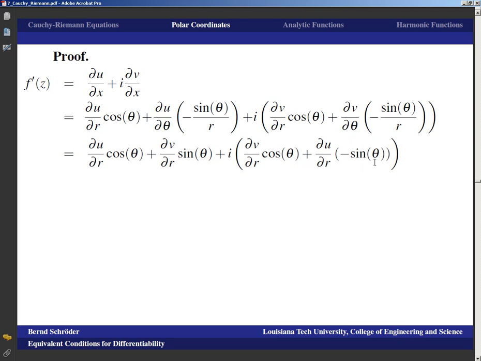And so now the question is, how do we pull all that stuff together? And how do we pull out something so we get a du dr plus an i dv dr? Well, this one doesn't have an i here, but we could get that with a negative sign.